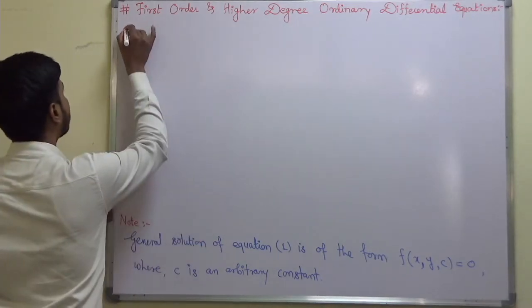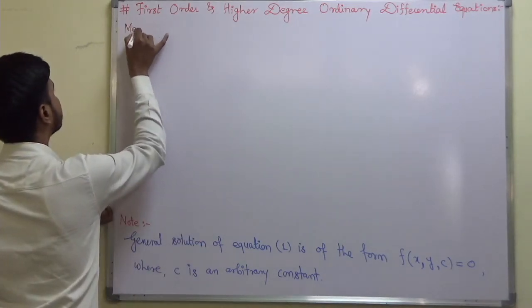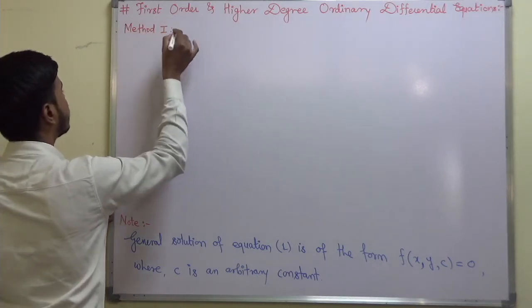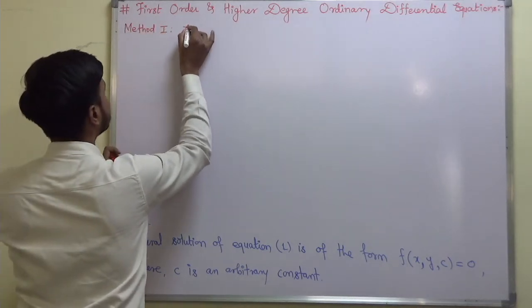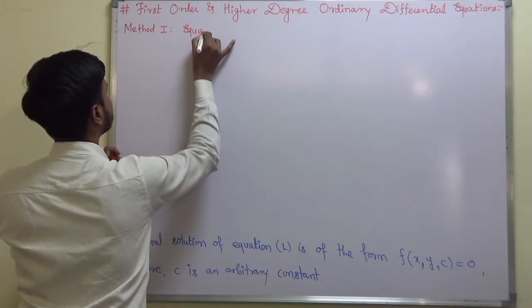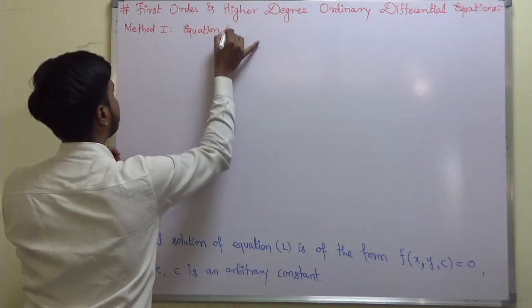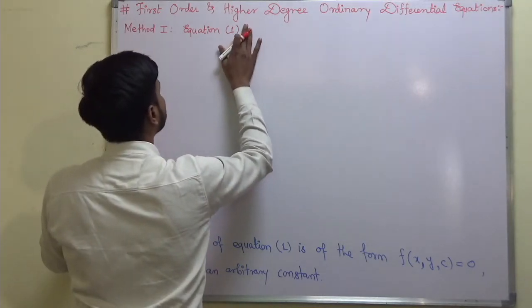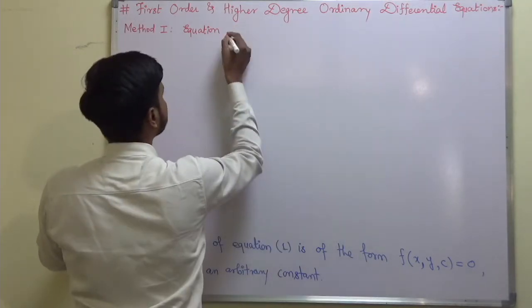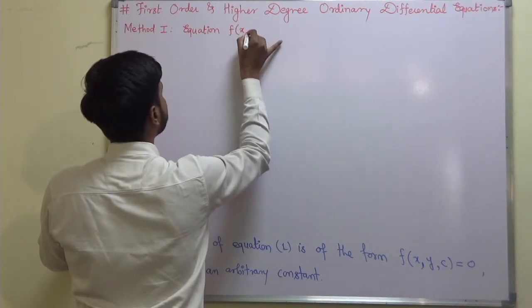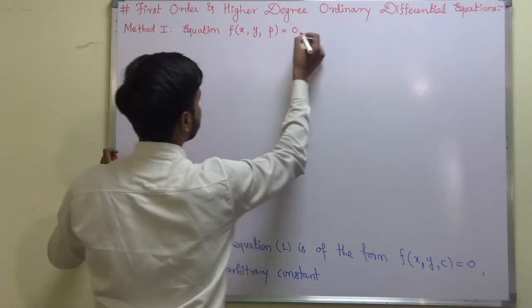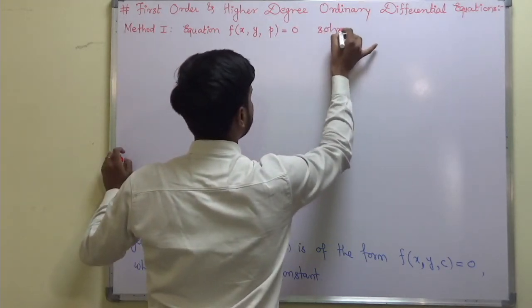So method 1: equation 1, the general form f of x y p equal to 0, solvable for p.